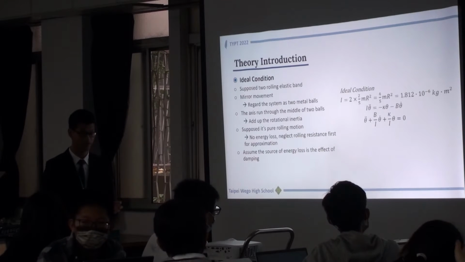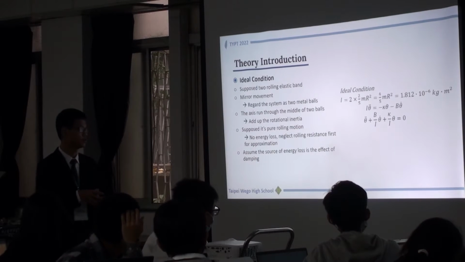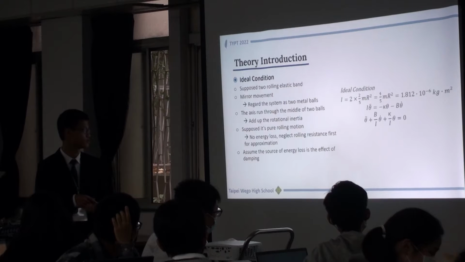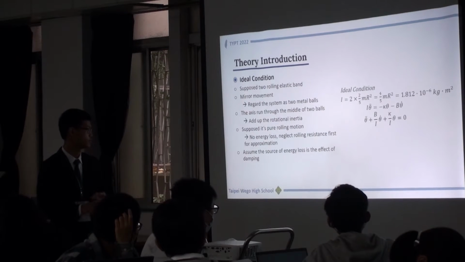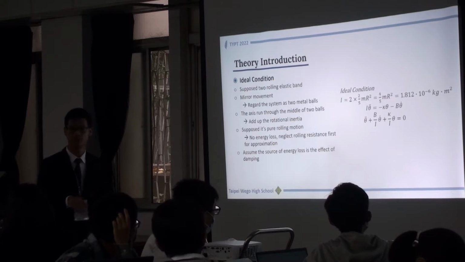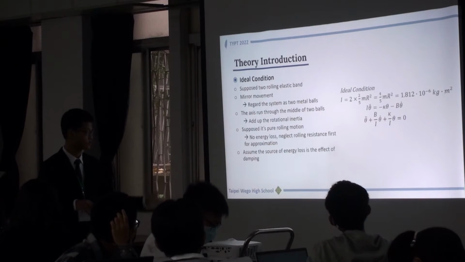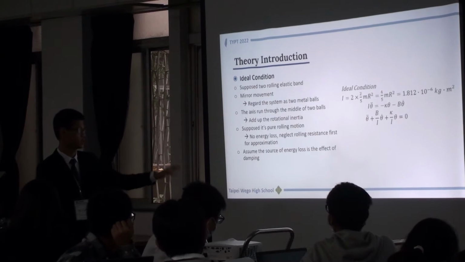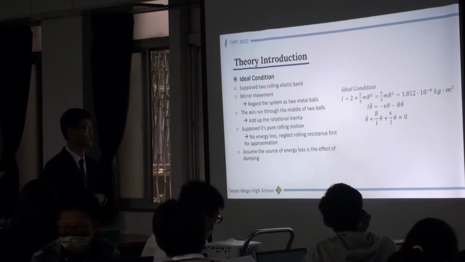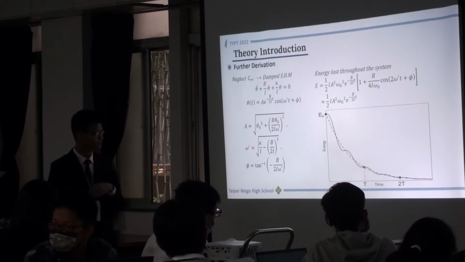So the moment of inertia of one of the balls should be 2/5 m r squared. And we suppose that it's a pure rolling motion, so we first neglect the rolling resistance for approximation, and then we assume the source of energy loss is the effect of total damping. So we can write down the differential equation as follows.